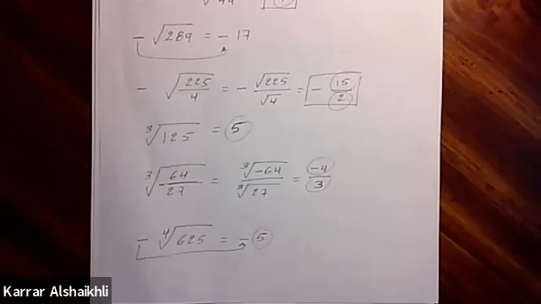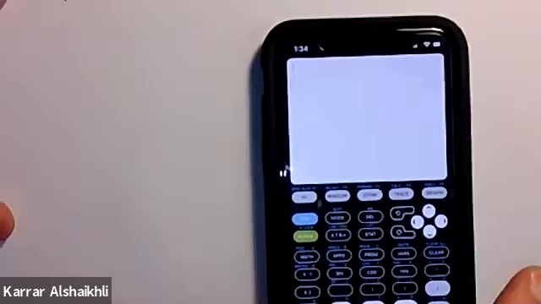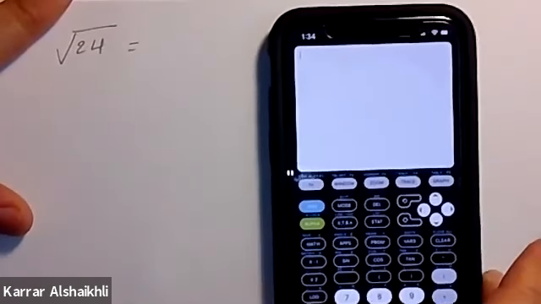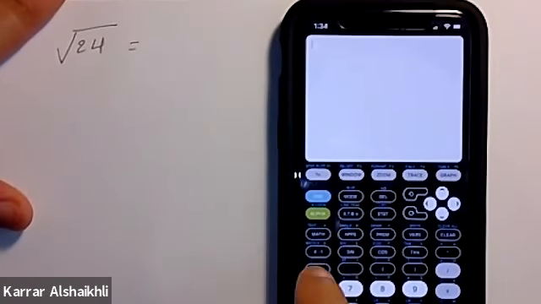Use the calculator to find the square root of 24. So here's the calculator. The square root of 24. Here is the second function, the square root. 24.